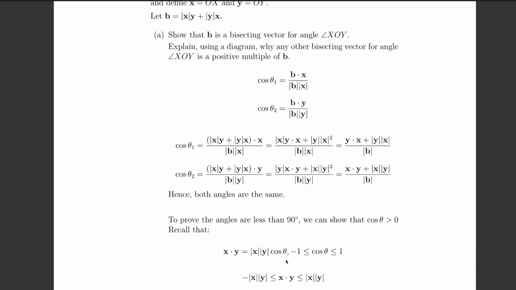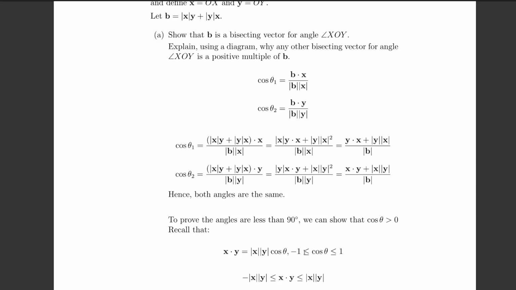But the problem is, if we use this, we'll only be able to say that cos theta 1 is greater than or equal to 0. But we want cos theta 1 to be greater than 0, a strict inequality. So we need to make this strict somehow.